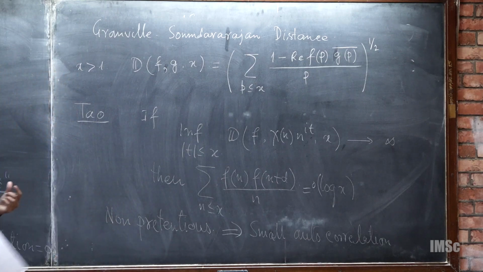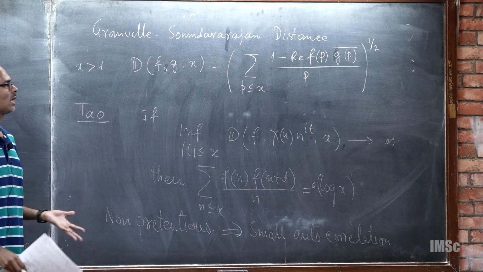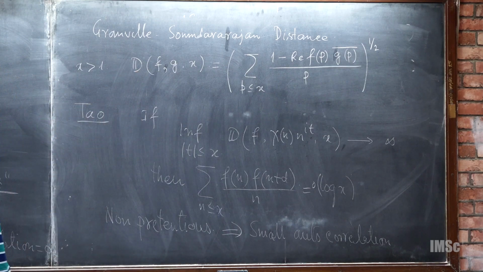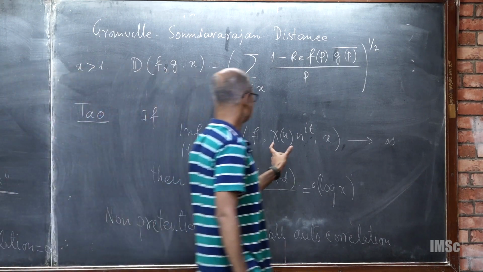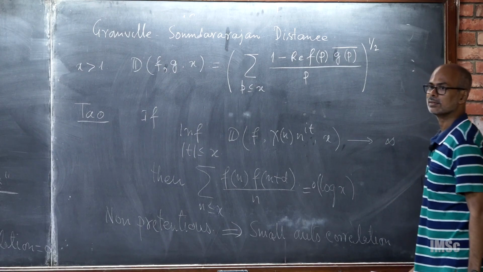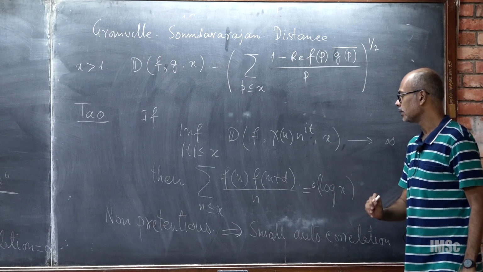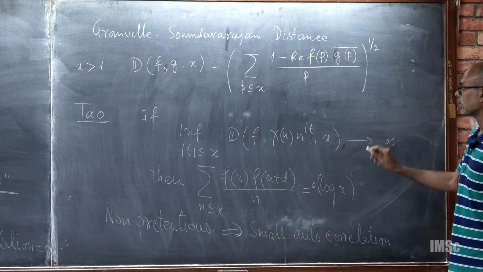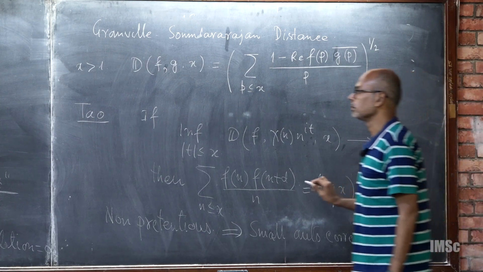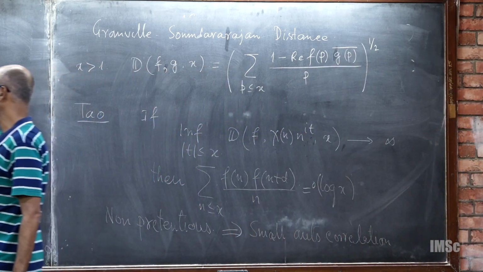If a multiplicative function does not pretend like, or is not very close to, a Dirichlet character multiplied by n to the it, then the autocorrelation is small. In other words, in concrete terms, this thing goes to 0.